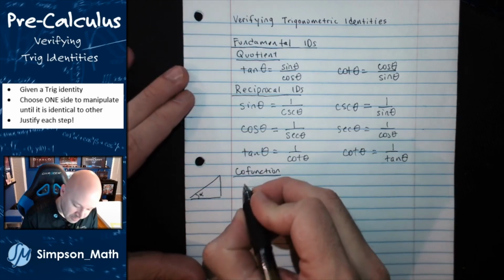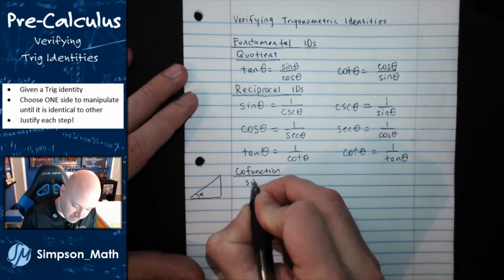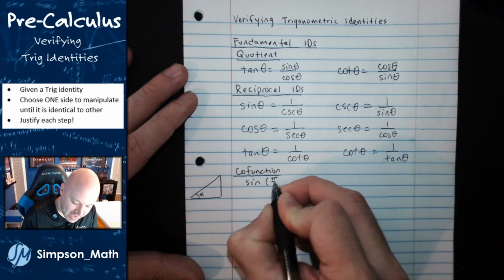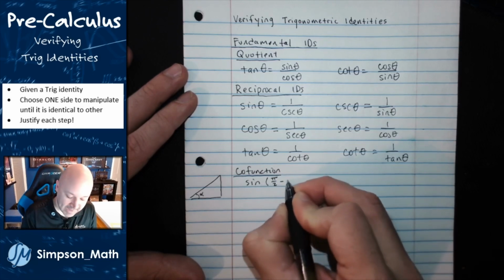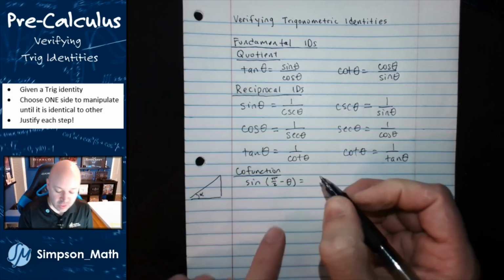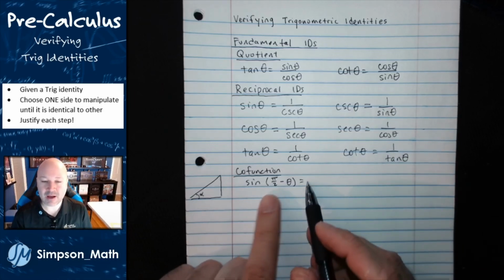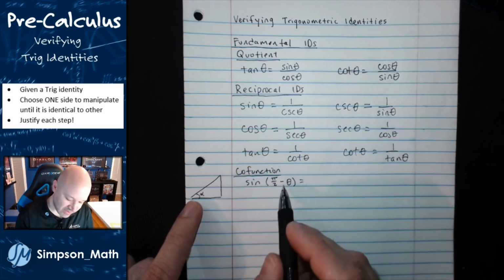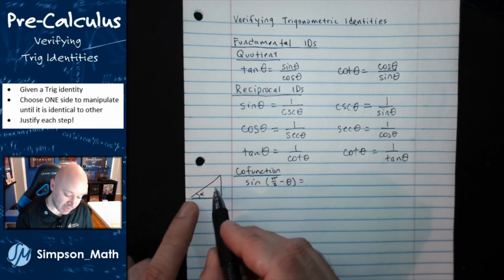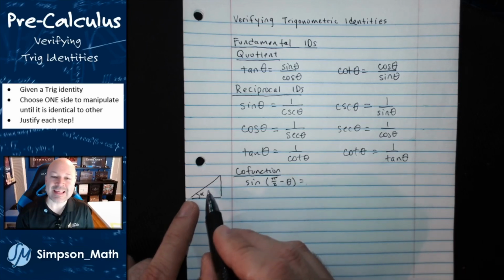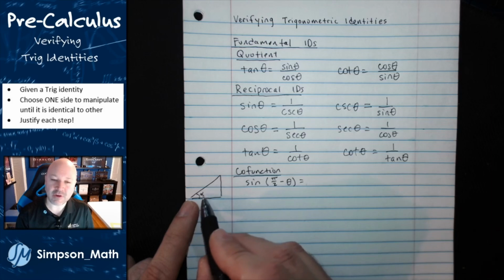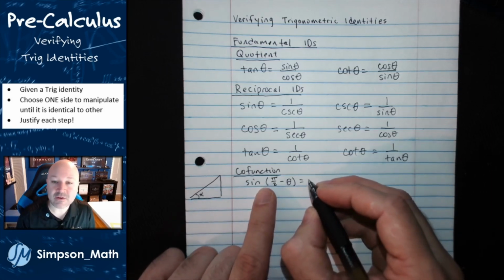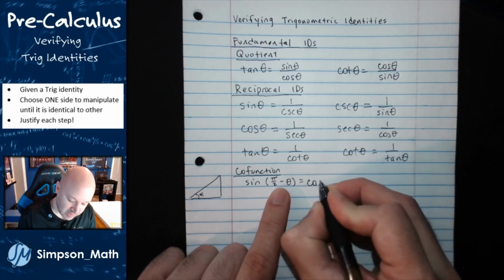But here they are. If you have sine of pi halves, or 90 degrees, minus theta, then you're talking about that other angle in the triangle. Sine of pi halves minus theta is opposite over hypotenuse, and cosine of the other angle is that same side length over the hypotenuse. So sine of 90 minus theta is simply cosine.